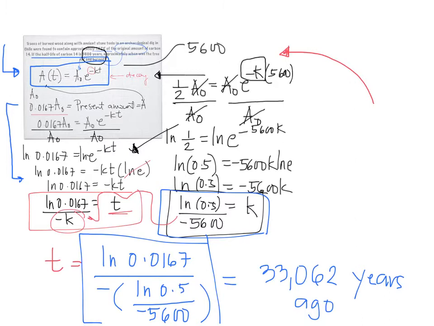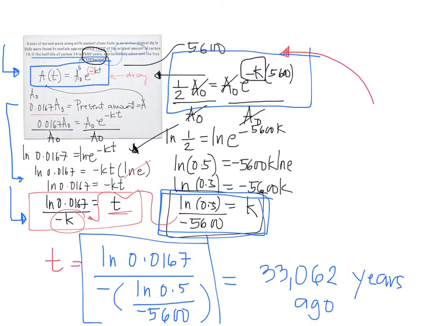Now obviously, on this step, we have a missing value for k, so that required us to find k. So we looked for another piece of information in the problem, and we found the information about the half-life of carbon-14. So we did a similar solution to find the value of k by setting up the equation here, and again just manipulate the equation until you get the desired value.